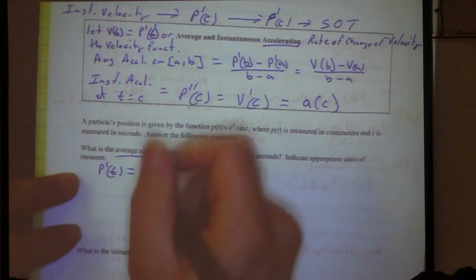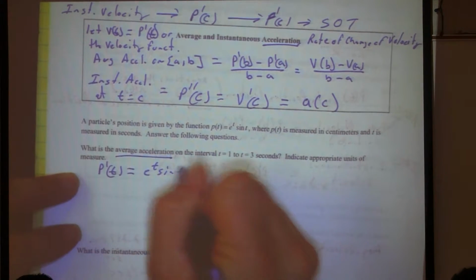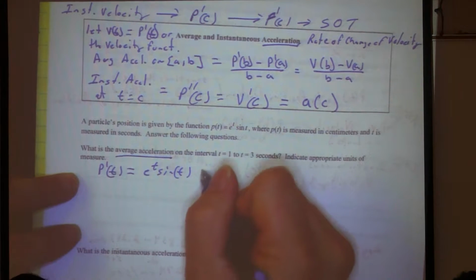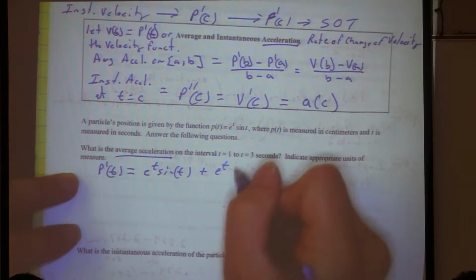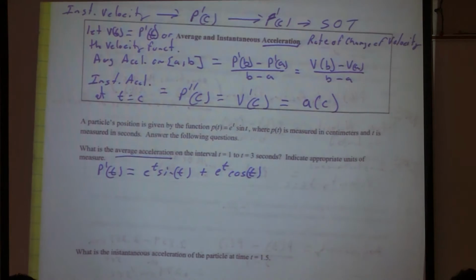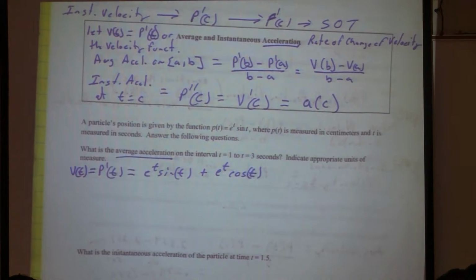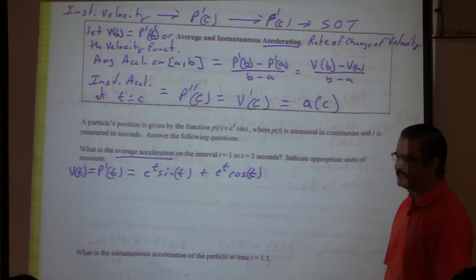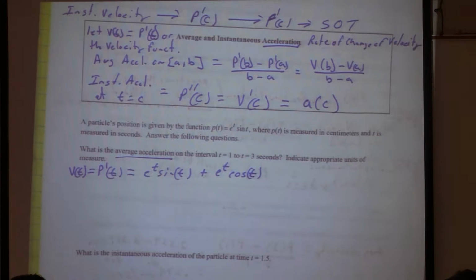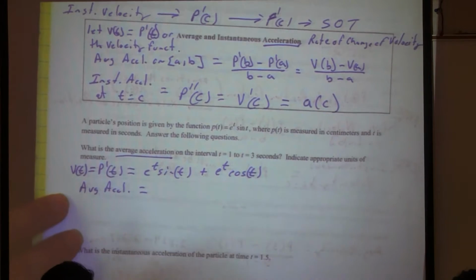Yeah, we found it. What was it? E to the t sine of t plus e to the t cosine of t. And we know that that is also equal to v of t, which is the velocity. Are we good? So if I want the average acceleration, what's the formula I need to set up?